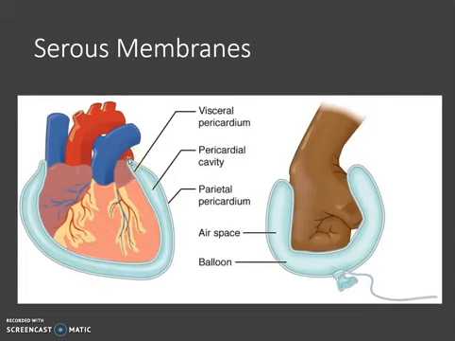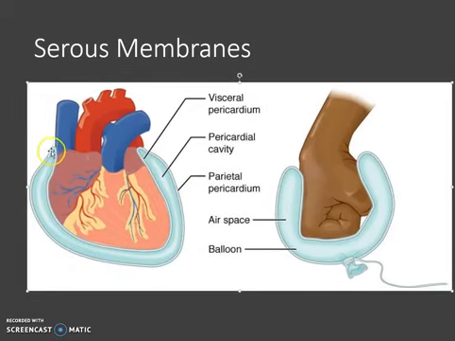The parietal pericardium is this outer layer here. And this would be either up against the body cavity or up against some other kind of outside structure. In between the two, you have serous fluid. And so these two membranes can slide across each other in order to provide that protection from friction.